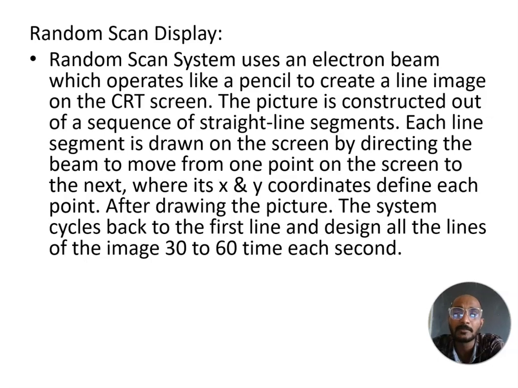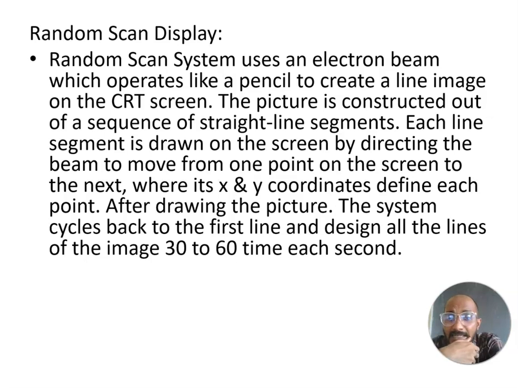Random scan display uses an electron beam which operates like a pencil to create a line image on the CRT screen. The picture is constructed out of a sequence of straight line segments.